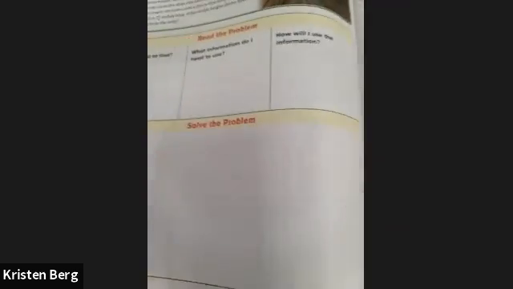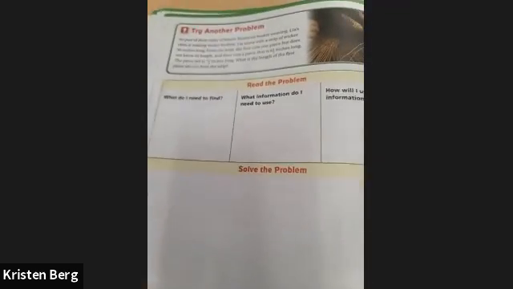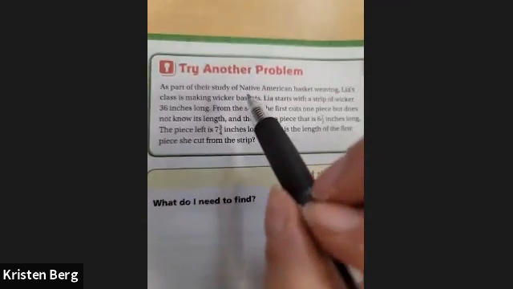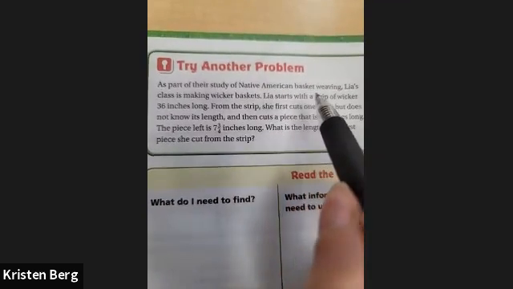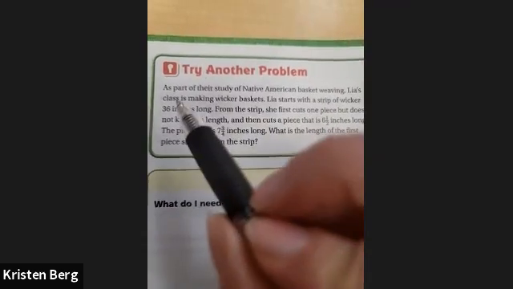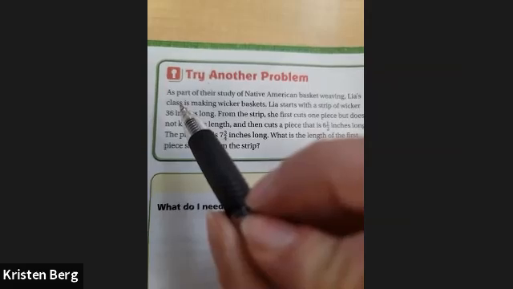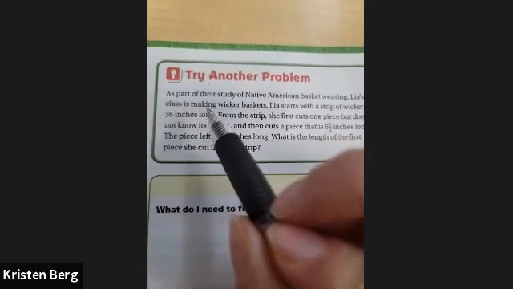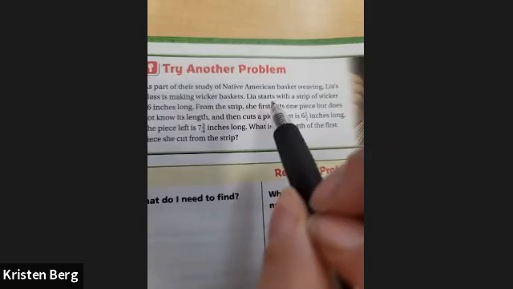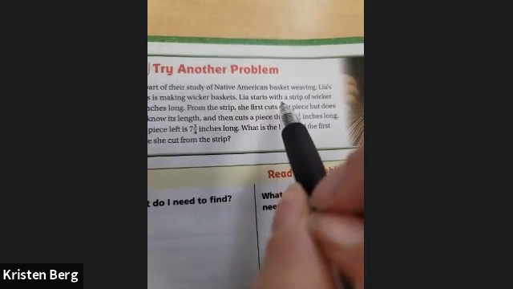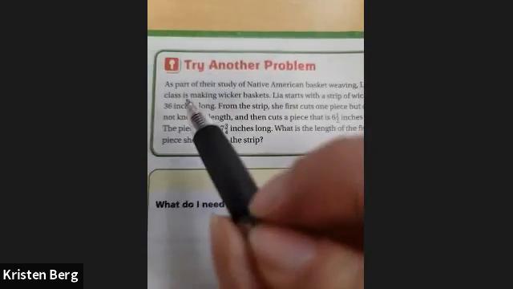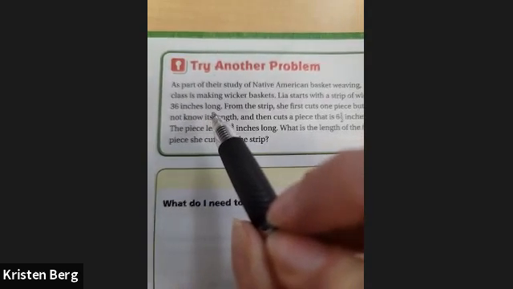All right, next. Number 2 says, as a part of their studies of Native American basket weaving, Lila's class is making wicker baskets. Lila starts with a strip of wicker 36 inches long.